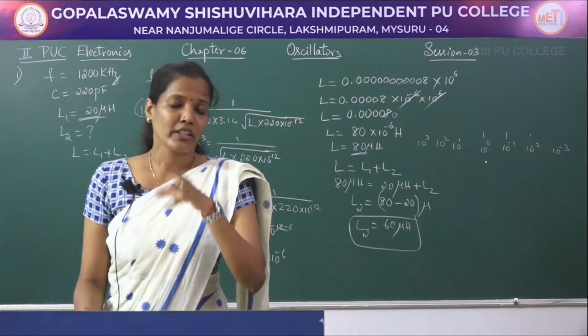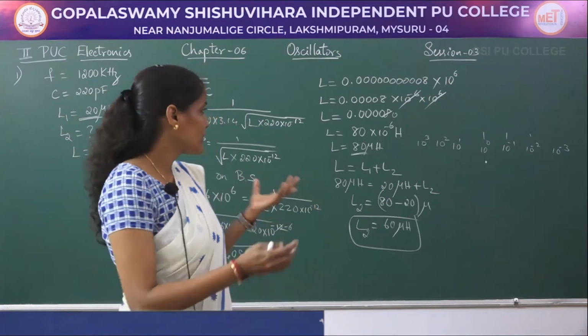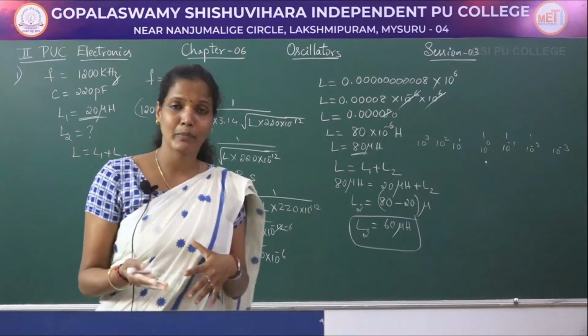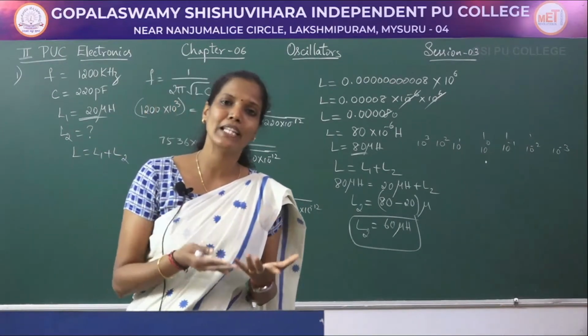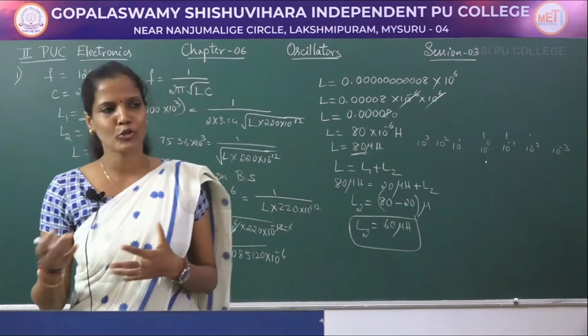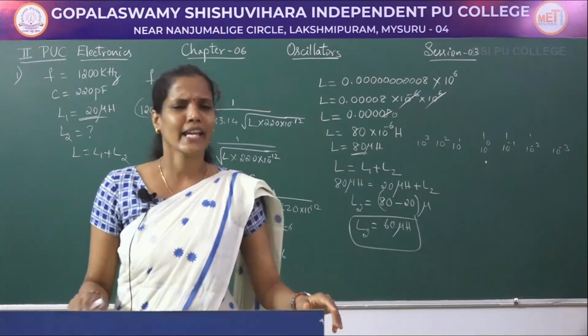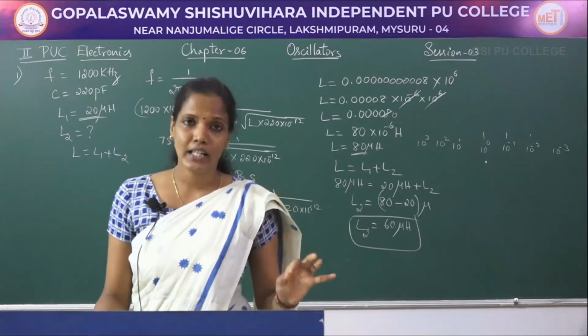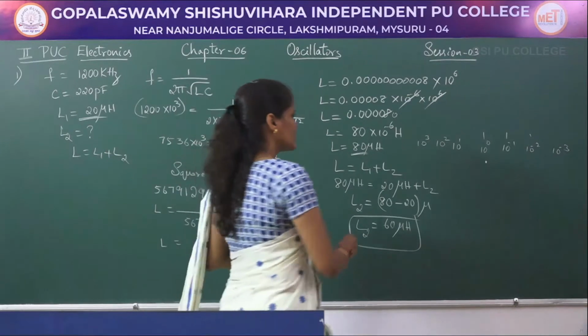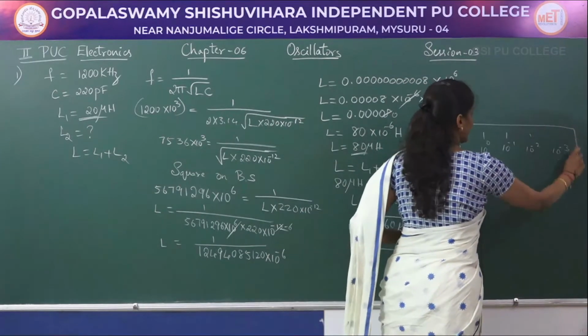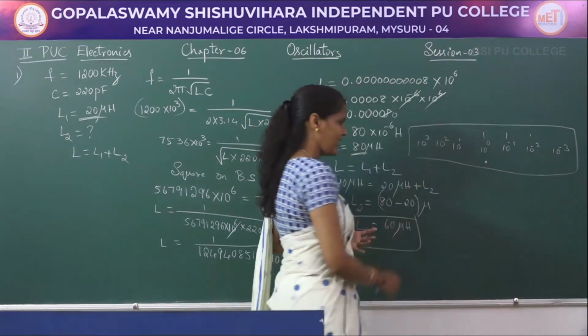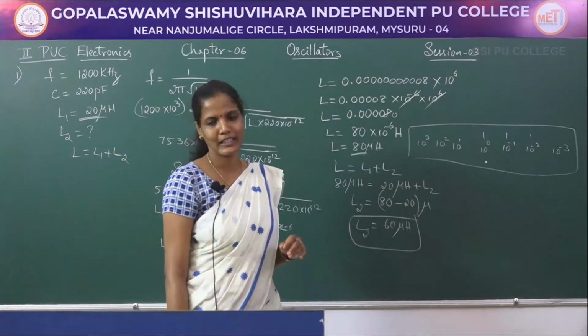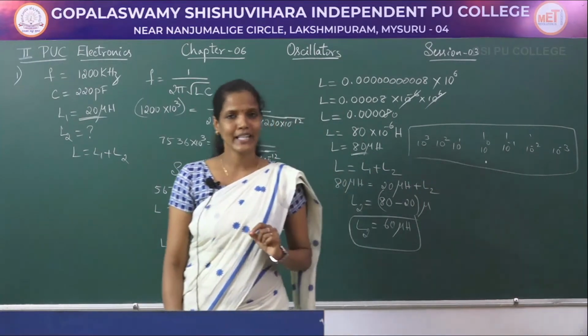Clear? Whatever you have converted from 10 to the power of minus 6 to 10 to the power of minus 3, that is micro to milli or milli to nano, nano to pico or pico to micro, etc., those values should be correct. So, please try to understand this and shift the points accordingly, keeping this in your mind. Clear? Now, we will move on to the next problem.